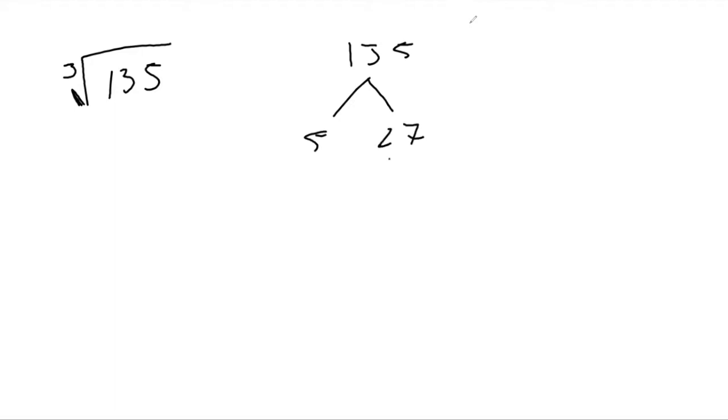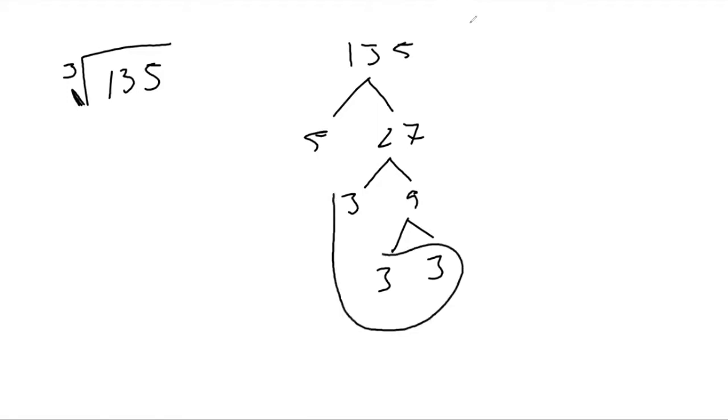And then we can break that down into 3 and 9, and finally 3 and 3. Notice here the 5 doesn't get broken down anymore, because it's prime. There's nothing that'll go into 5. So notice here we have a group of these 3s. There are three 3s here, and we're asked to find the cube root of this, so that's exactly what we're looking for.